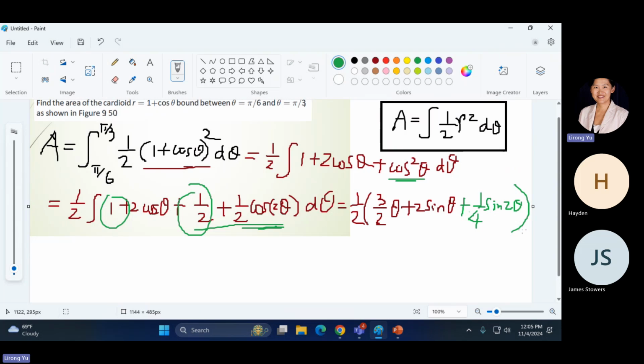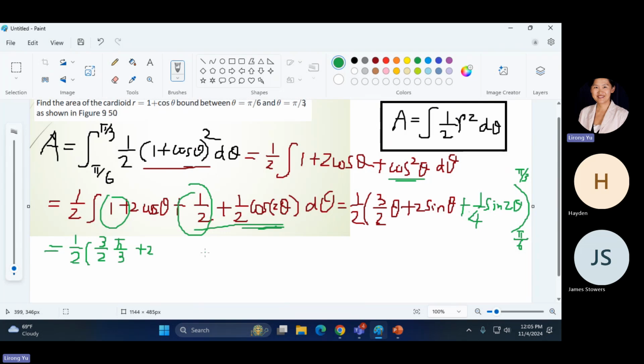Any question? So now we're going to put in theta. Theta is from pi over 6 to pi over 3. This is equal to, one by one, 1/2 times 3/2 theta, with theta equal to pi over 3, plus 2 times sine theta.